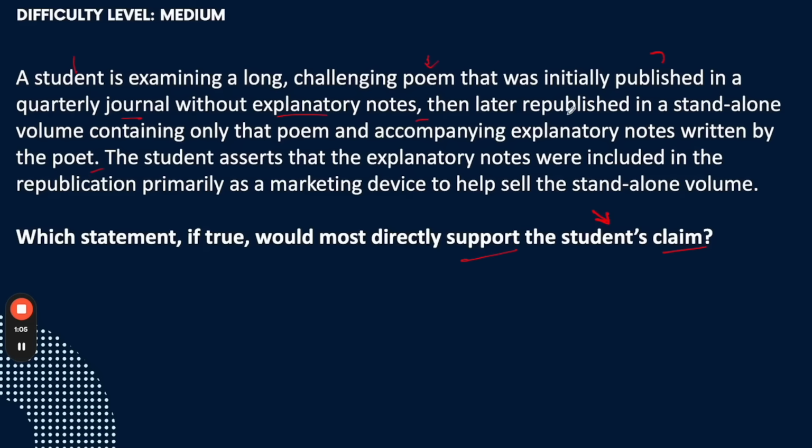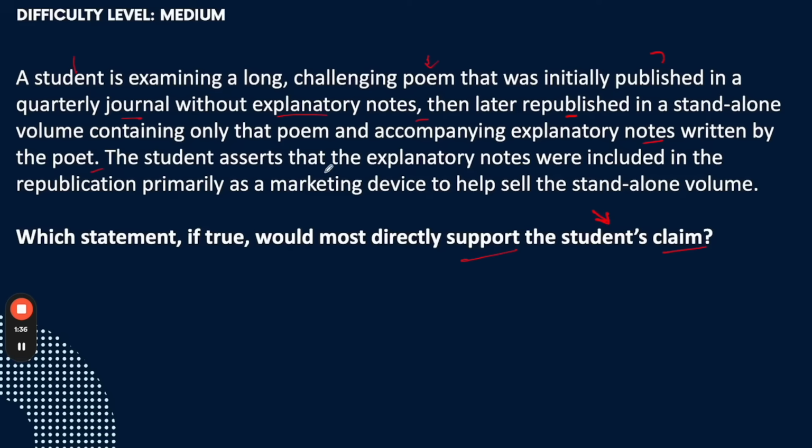Later they republished this particular poem in a standalone volume. That is, that particular volume had only that poem, right? But this time the poem was accompanied by notes written by the poet, right? So earlier this poem was published in a quarterly journal along with other things, but no explanatory notes. But later the poem was published in a standalone volume where explanatory notes were also given.